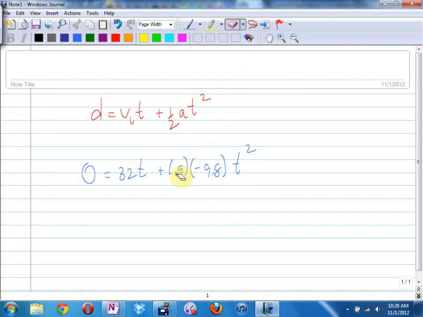Anybody know what's half of 9.8? Have you guys spotted that yet? Half of 9.8 is 4.9. So you could, I'm just going to quickly show you, you would get negative 4.9 t squared. How many variables are there in that equation? Just one, t. A t squared and a t, which is why that's a yucky equation.